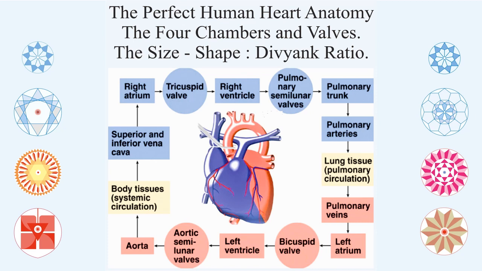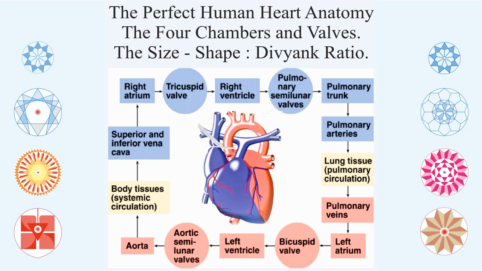Now, as far as the perfect human anatomy is concerned, there are four chambers: right atrium, left atrium, right ventricle, and left ventricle. There are also four main valves which play an important role. Right atrium to right ventricle, you have tricuspid valve, and left atrium to left ventricle, you have mitral valve or bicuspid valve, and you also have a pulmonary semilunar valve.